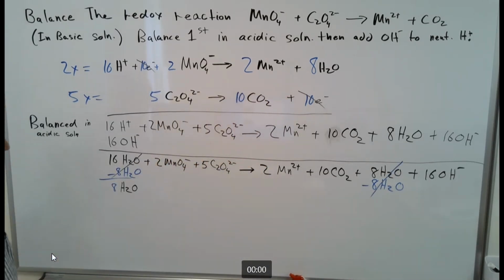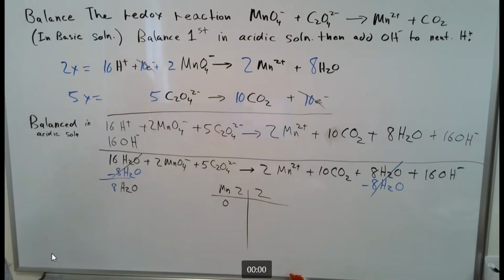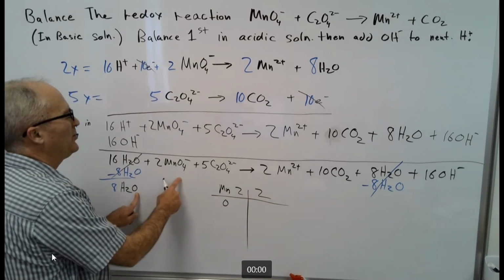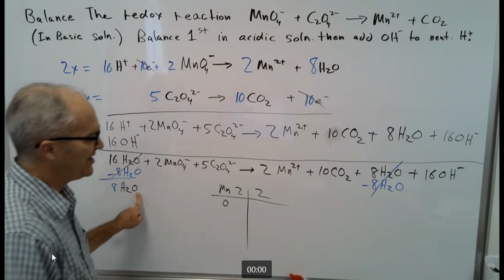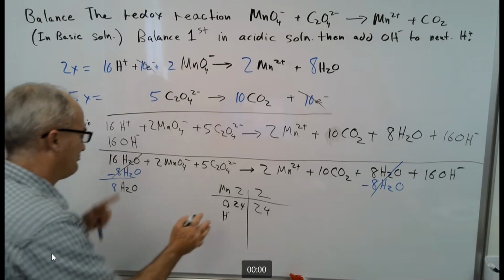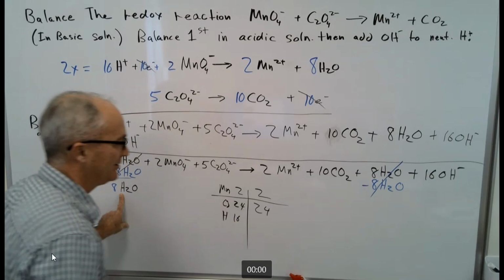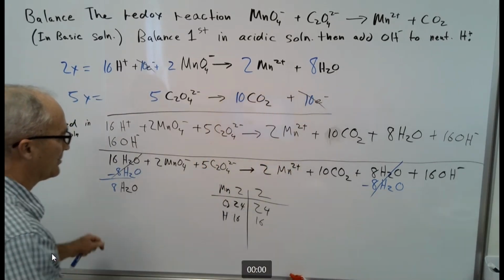All right, now let's see if this thing is balanced. Man, I got 2 on one side, 2 on the other. How about oxygen? Oh, I got 8. 2 times 4 is 16. What's 16 and 8? 16 and 8. All right, hydrogen atoms. Looks like I got 16 over here, 16 there. Let's do carbon. 5, 10.